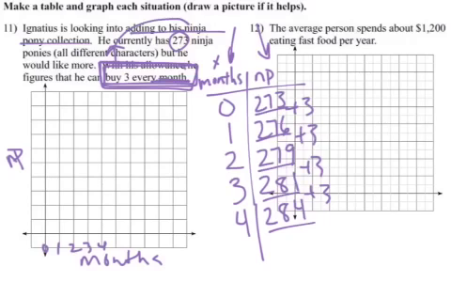So we maybe want to count by, I don't know, 50s. 50, 100, 150, 200, 250, 300. Now that wouldn't work either. If we count by hundreds, it's going to be kind of weird. 100, 200, 300, 400, 500, 600, 700, 800, 900, and so on.